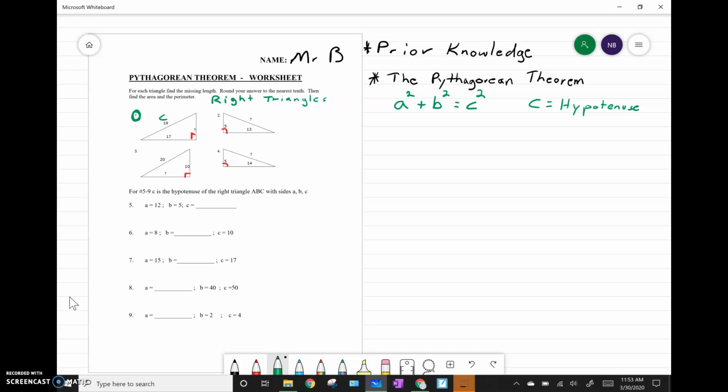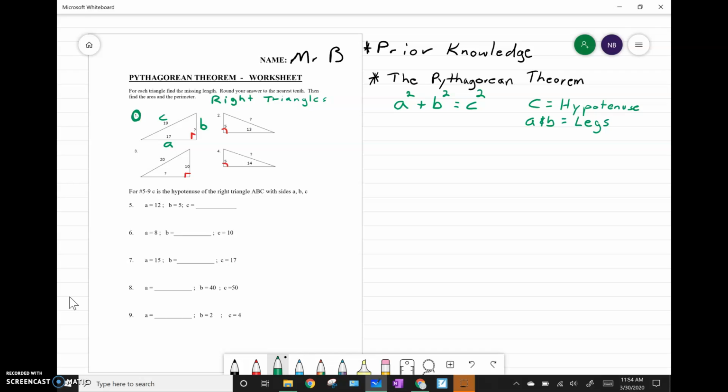Now, we have a leg A and a leg B. It really doesn't matter which leg you assign to A or B; we just know that A and B are the legs. When using the Pythagorean theorem, we're either finding the hypotenuse or trying to find one of the legs. We need to refresh this because we're going to have to know how to do this going into chapter 12.